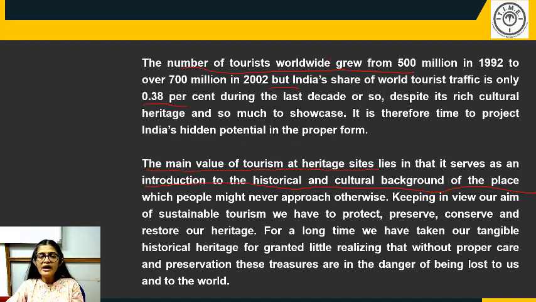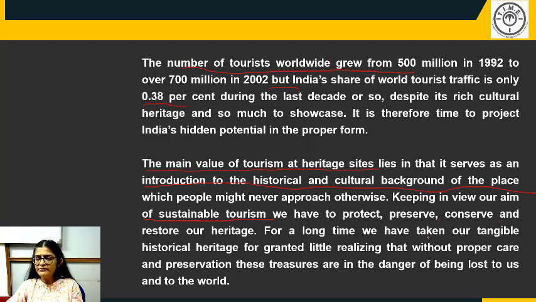Keeping in view our aim of sustainable tourism. Sustainable means, you know, right? Something that can continue in the long run and something that is not harmful to the environment or future generations. Okay. Keeping in view our aim of sustainable tourism, we have to protect, preserve, conserve and restore our heritage. Only if we protect our heritage can we have sustainable tourism in the long run.